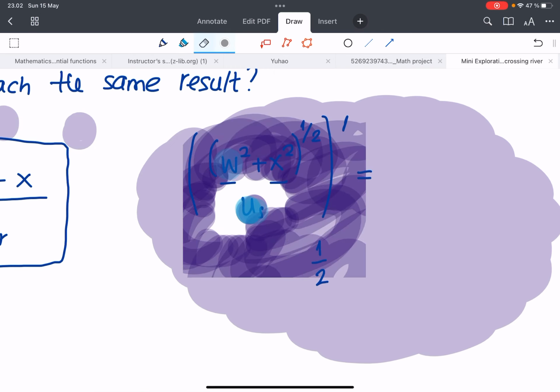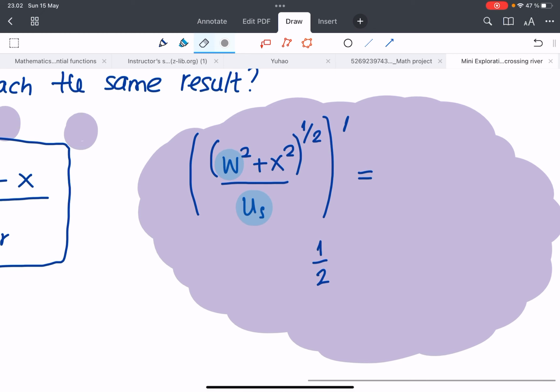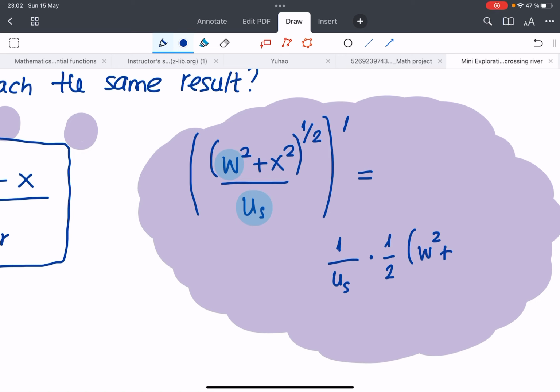And remember, the vs is also a constant, so it would become 1 over vs, that's the constant, times a half times w squared plus x squared to the power of negative a half, because you reduce by 1, times the derivative of this.